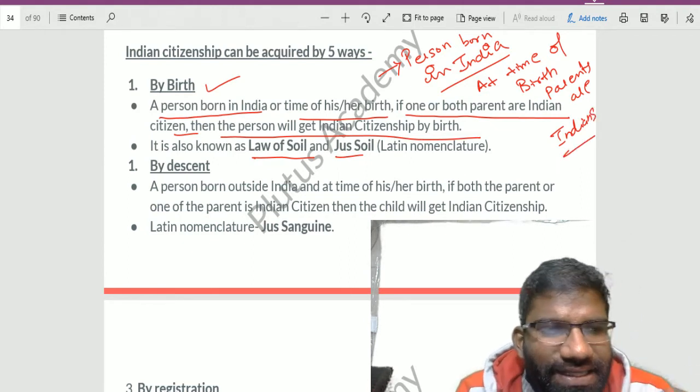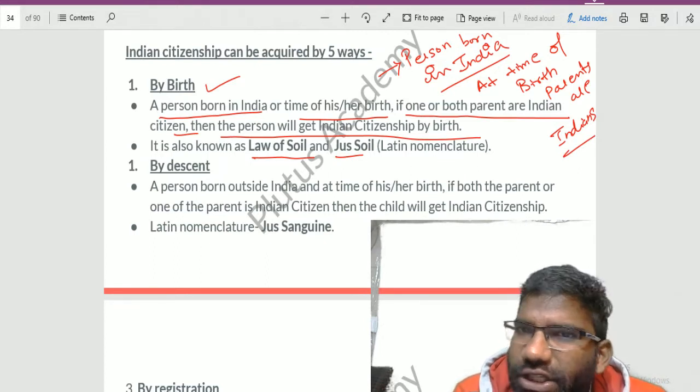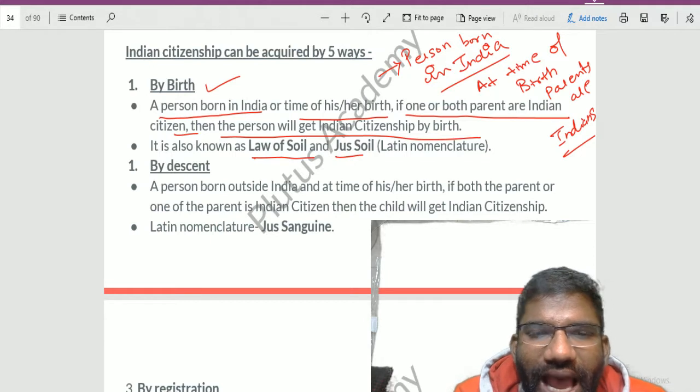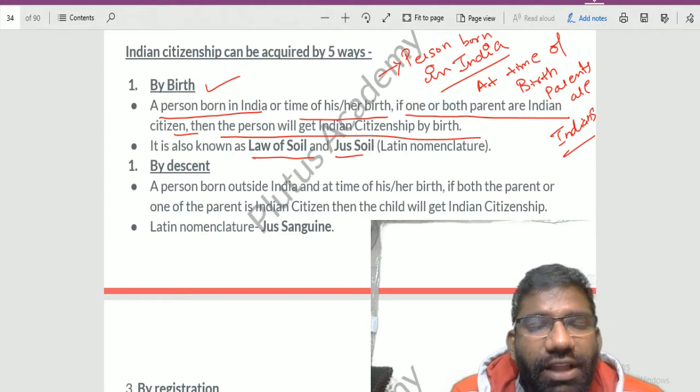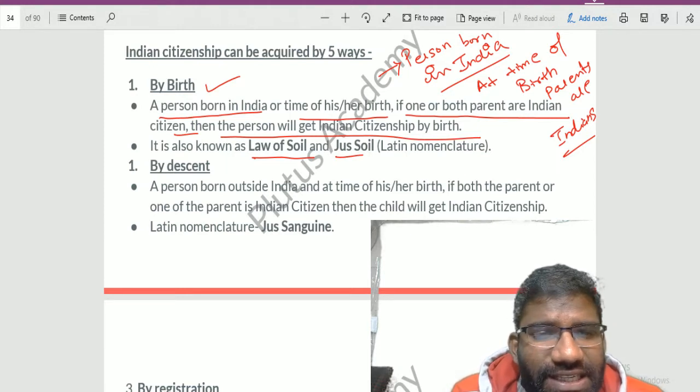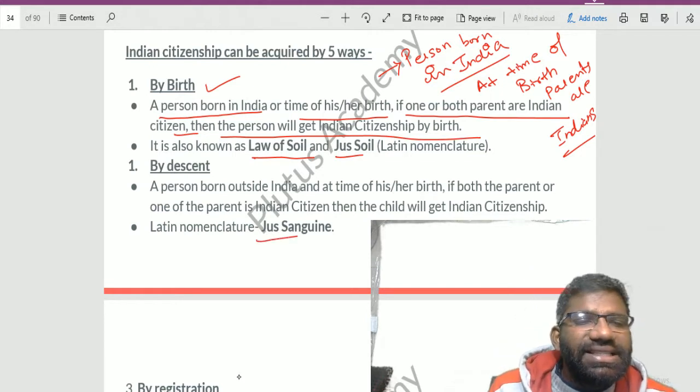Next, by descent. A person is born outside India. The person is not born on the land of India. And at the time of his or her birth, one parent or both the parents are Indian citizens. Then the person will get Indian citizenship according to the law of blood, that is Jus Sanguinis.